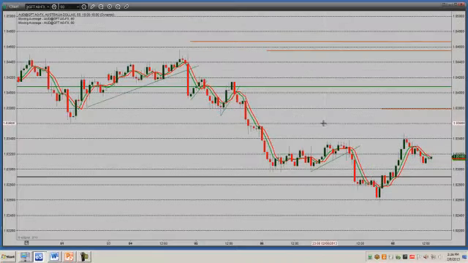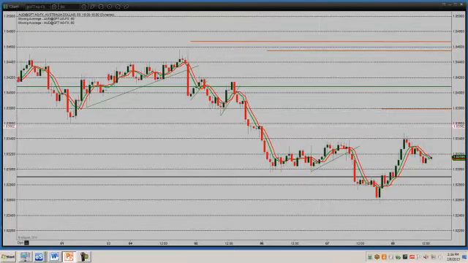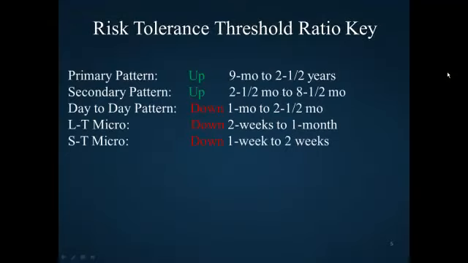And the reason we were focusing on these sell signals is, again, because our risk tolerance threshold ratio was telling us to. In other words, the market itself was telling us to focus on sell signals because the market was telling us that the majority of patterns were lower. Of course, we understand what that's telling us.